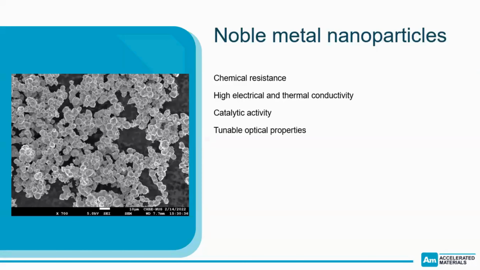So noble metal nanoparticles exhibit even more additional properties, right? Besides the chemical resistance, they also can exhibit some catalytic activities, and some of them can have different optical properties in their absorption bands, so that you can tune for the visible, IR, or ultraviolet light wavelengths, right?